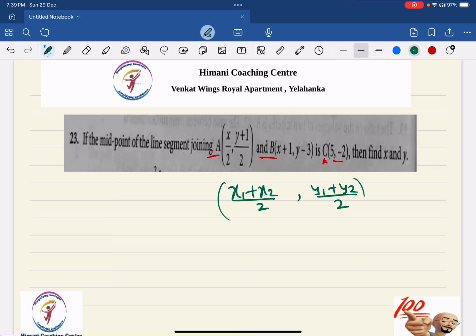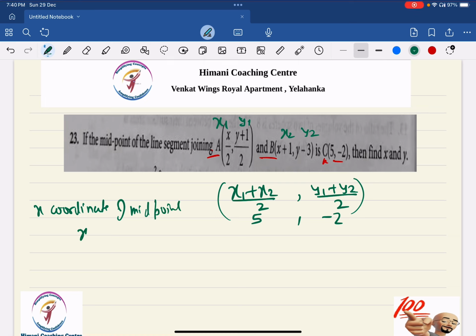That's the midpoint. According to the question, (x1 + x2)/2 is 5 and (y1 + y2)/2 is -2. Now let us assume that this is x1, this is y1, this is x2, this is y2. So now let us find the x coordinate of the midpoint.